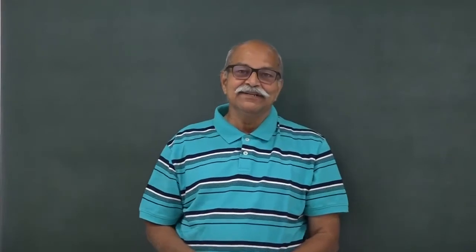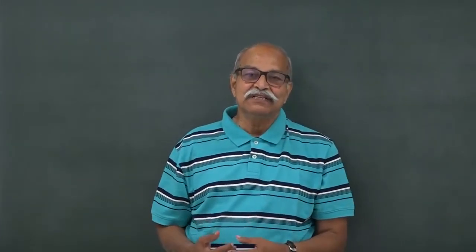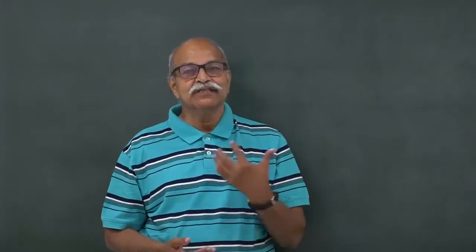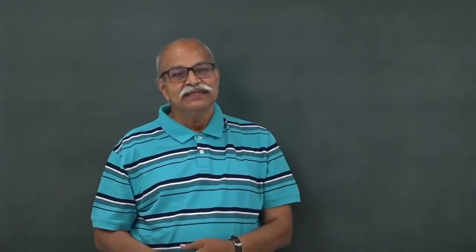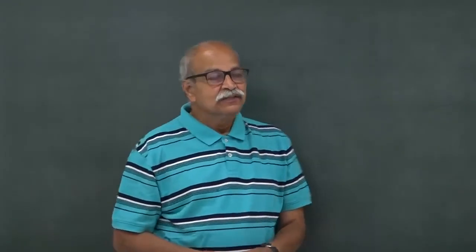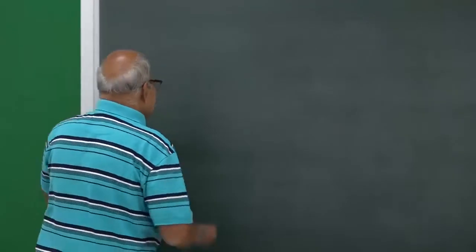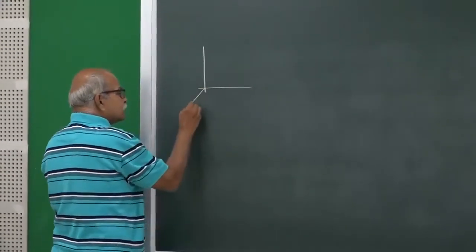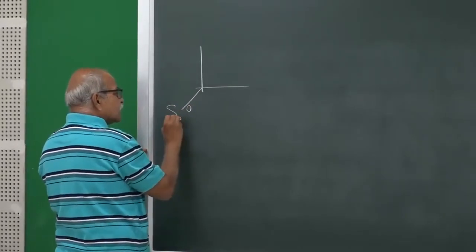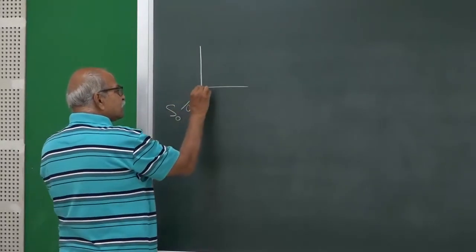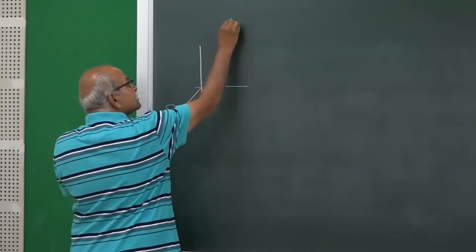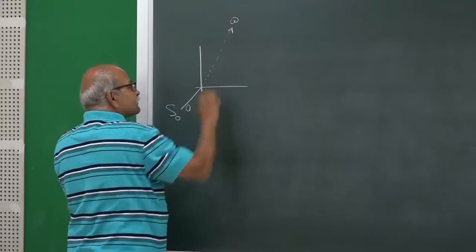So, we related the time derivative of a vector in an inertial frame of reference and a frame which is rotating with respect to this inertial frame. So, what we had was some inertial frame of reference with origin, call it S naught, and then some other frame which rotates with respect to this with an angular velocity omega.